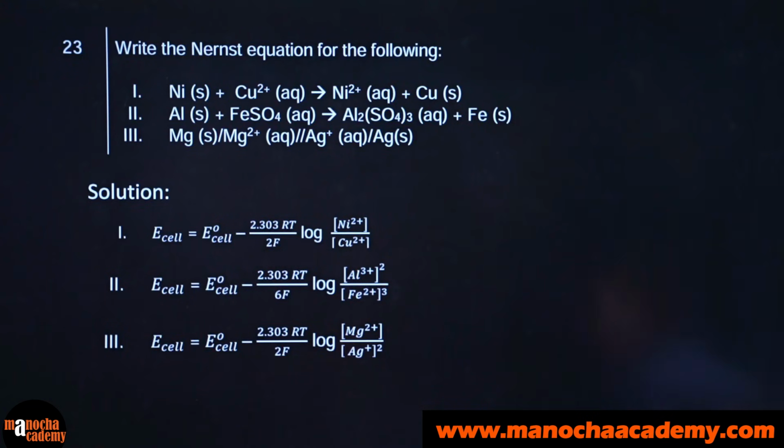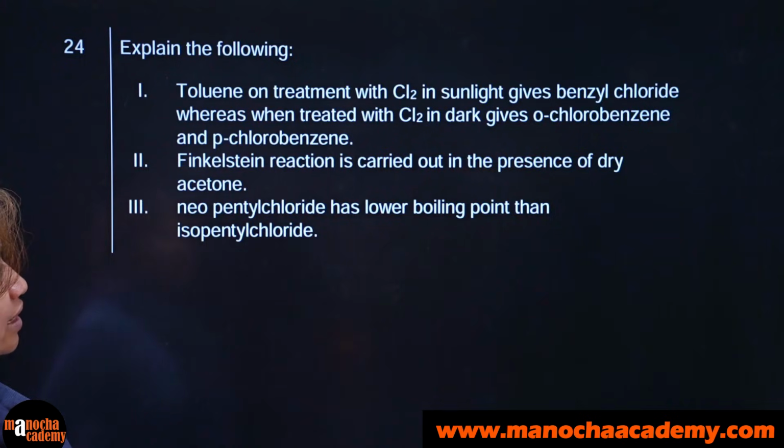I am also checking. Toluene on treatment with chlorine in sunlight gives benzyl chloride, whereas when treated with chlorine in the dark it gives ortho-chloro and para-chlorotoluene. You have to explain.